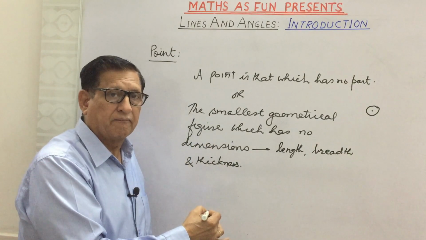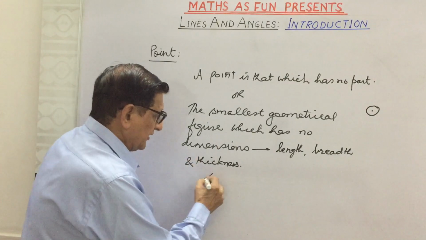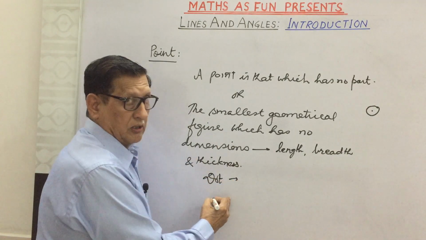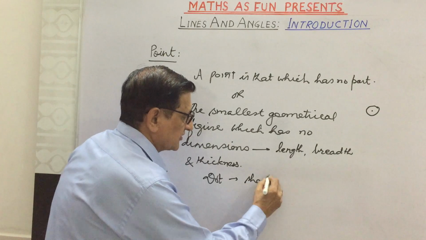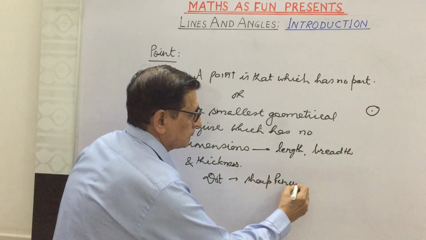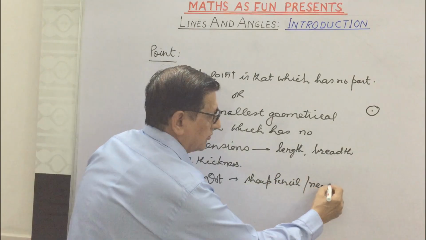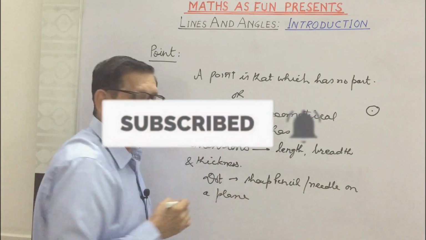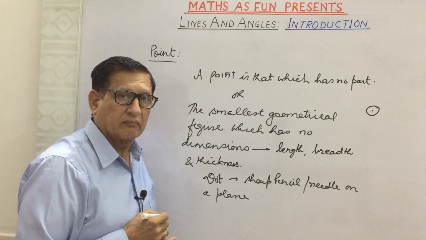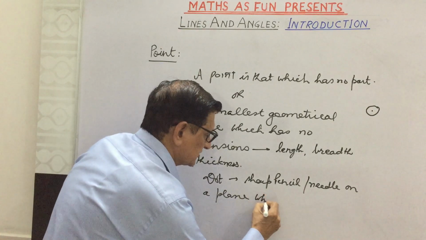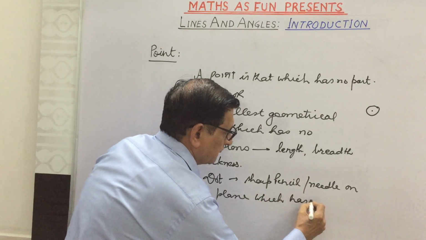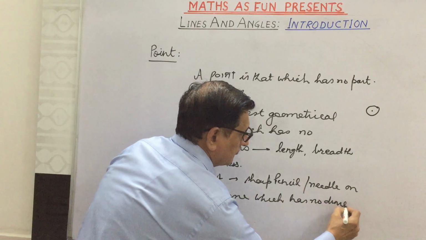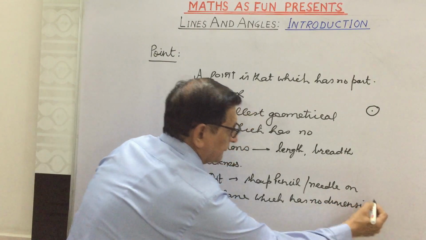So we can also say that it is a dot put by a sharp pencil or needle on a plane, which has no dimensions. That is a point.